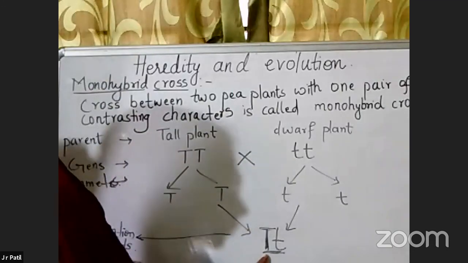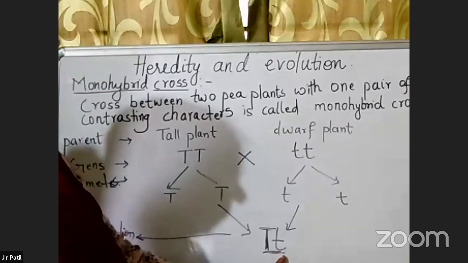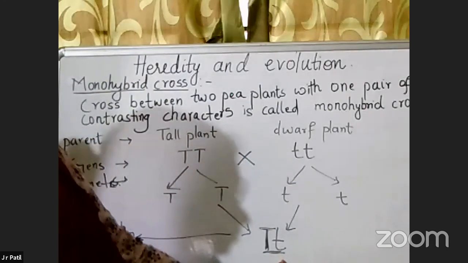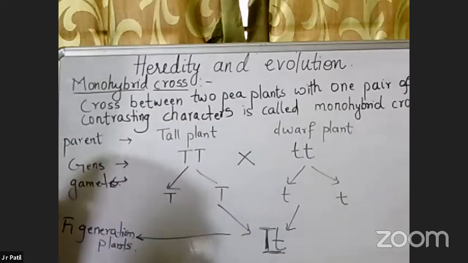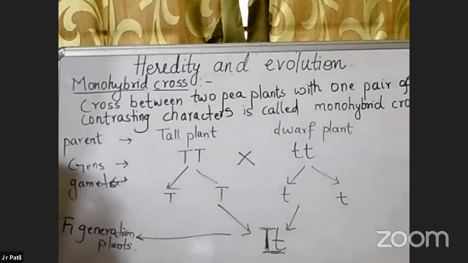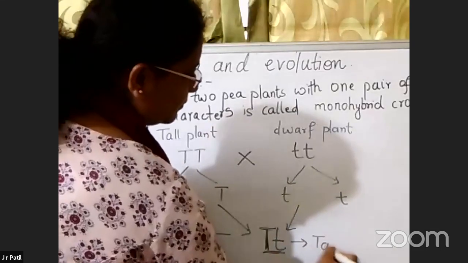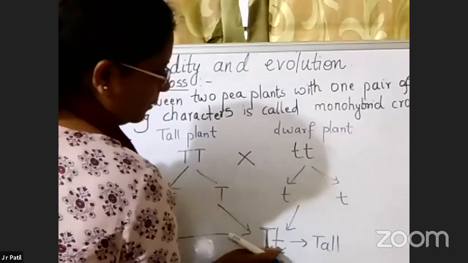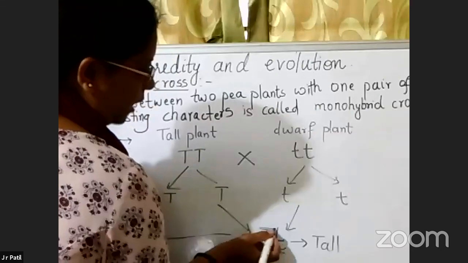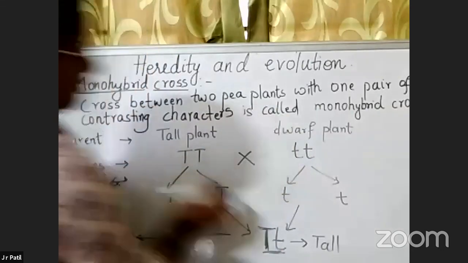Capital T is the dominant character. Though it is having the gene of small t, the gene of the dwarf plant, capital T is dominant over small t. So all plants will be what here? Tall. The dwarf character will not be seen.